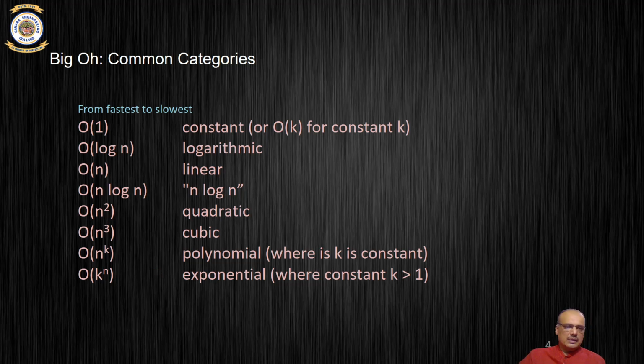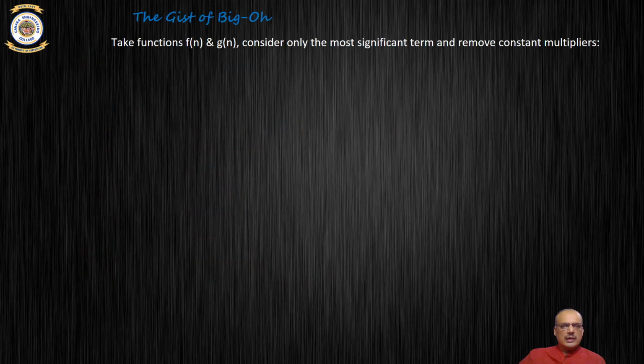Having talked of this, we'll look into the gist of what big O is and why it is significant. Suppose we have an algorithm whose complexity comes out to be 5n plus 3, then we say that the complexity of the algorithm is basically n.